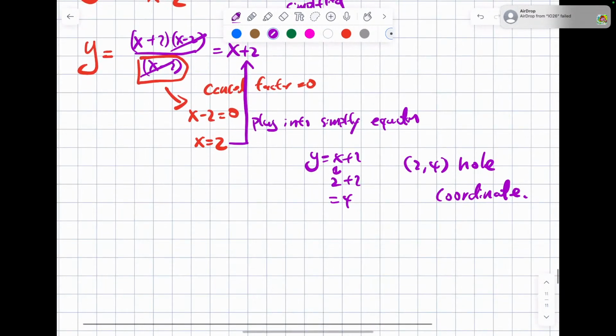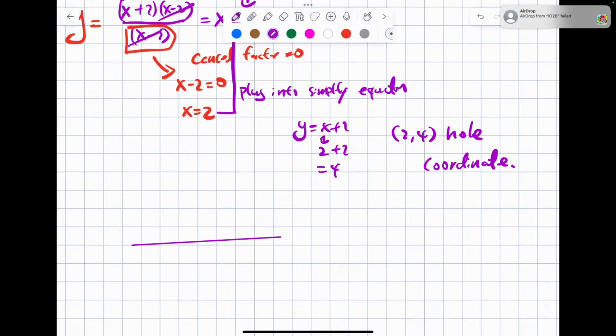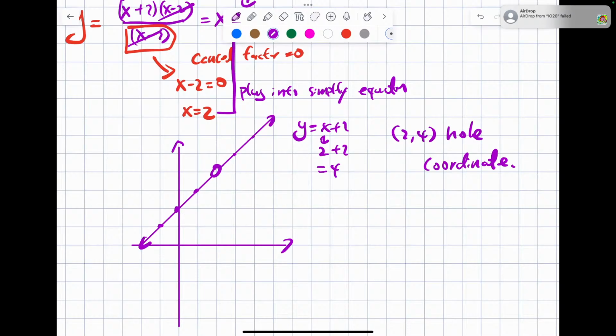Now you can graph a line, x plus 2, which we all know how to graph. So the line is going to be like here, and that's going to be a hole there. Is that okay? You good?